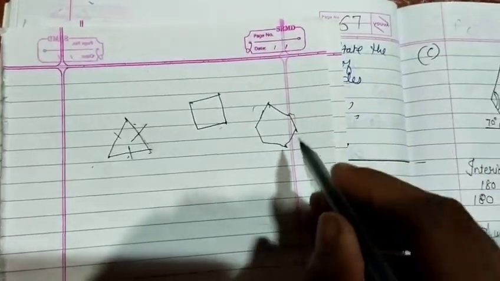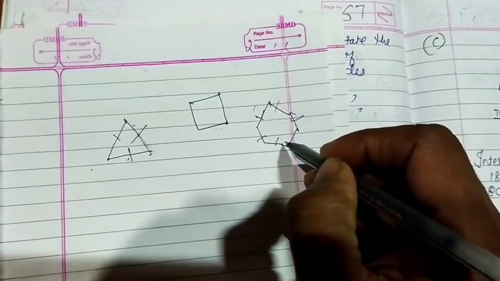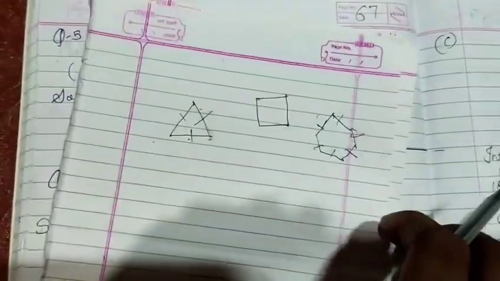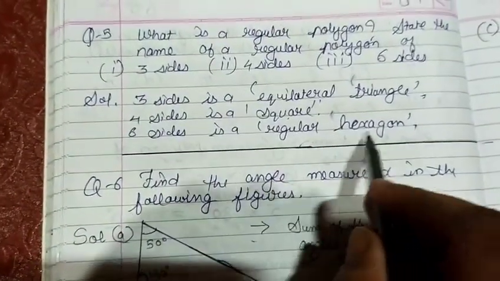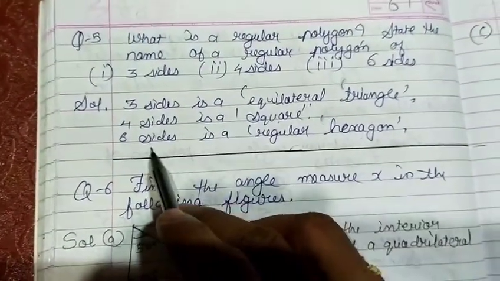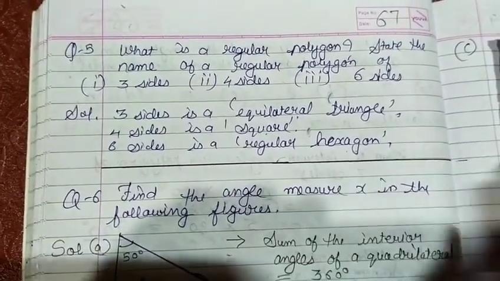The polygon having 6 equal sides is known as a regular hexagon.